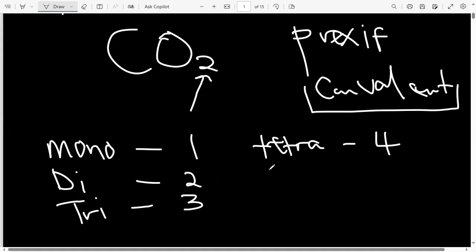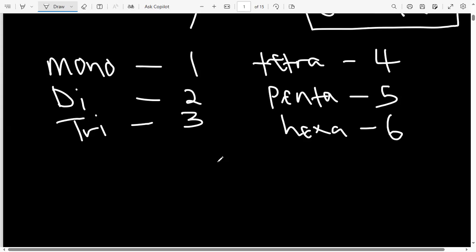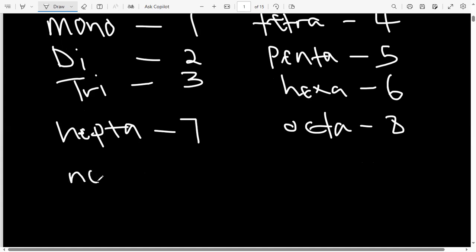Five is called penta, and six we say hexa. Seven is hepta. When we have eight, it will be octa, and nine will be nona.